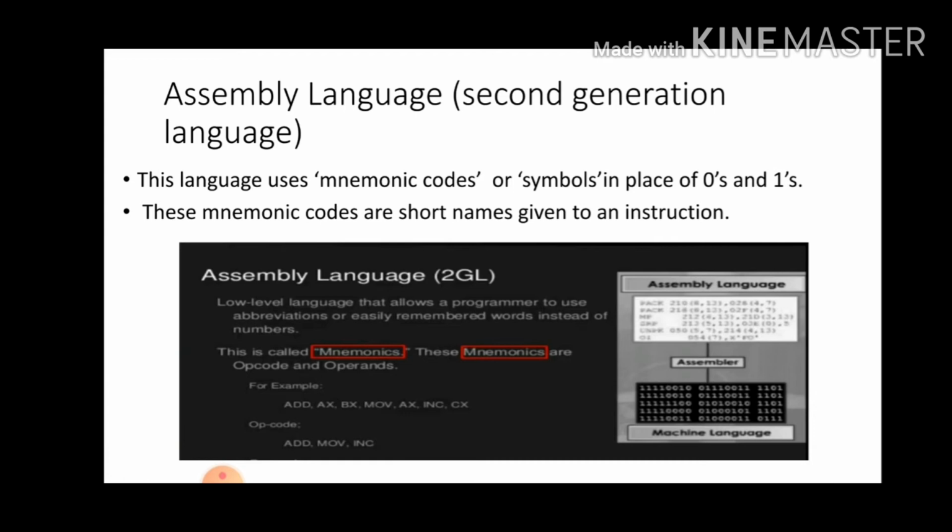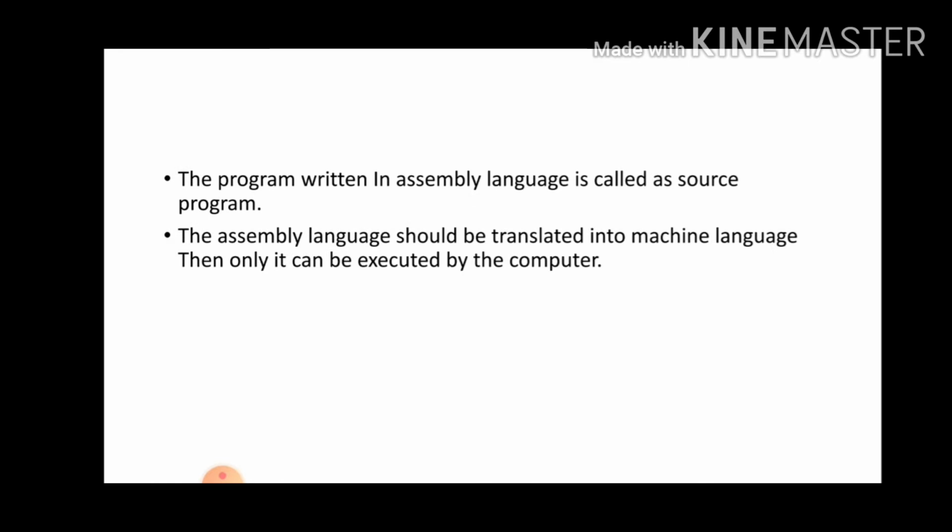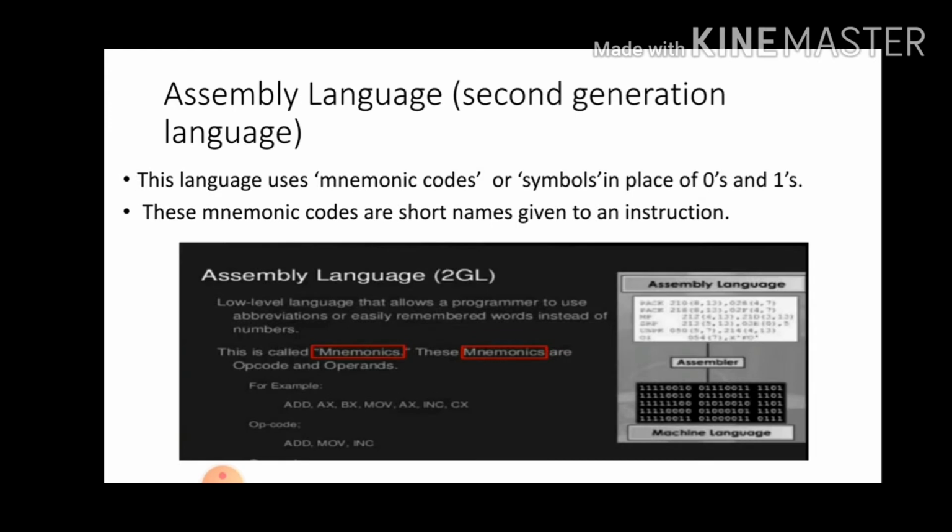Next we get into another topic. The program written in assembly language is called a source program. Here in this picture we have some code, and this is all known as a source program.